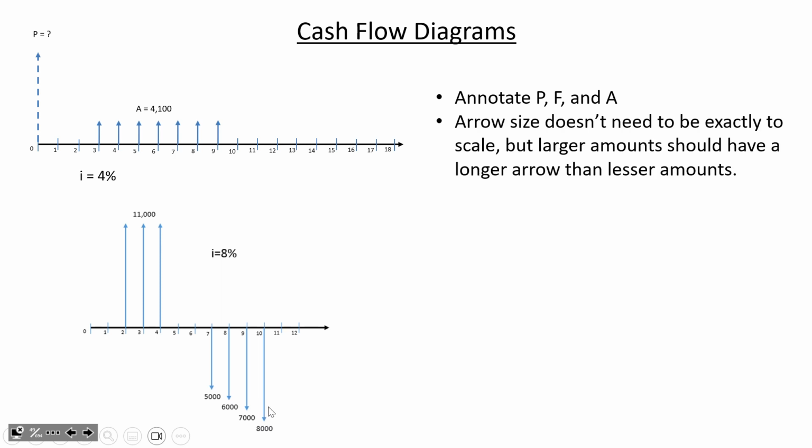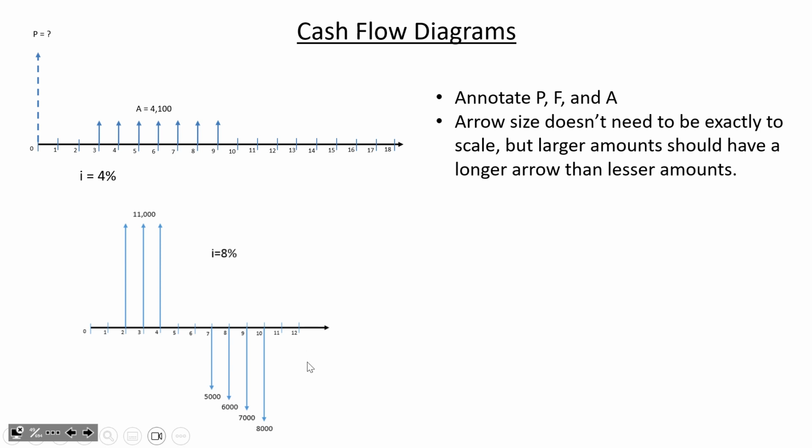So we're going to get into all kinds of problem-solving. Some guidance here is that the arrow doesn't have to be pixel-perfectly scaled. I don't expect you to draw the arrow length completely consistent with the amount, but generally speaking, it's better if a small arrow is used to represent an amount that's less than a large arrow.